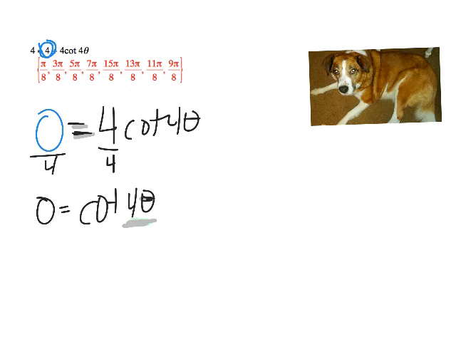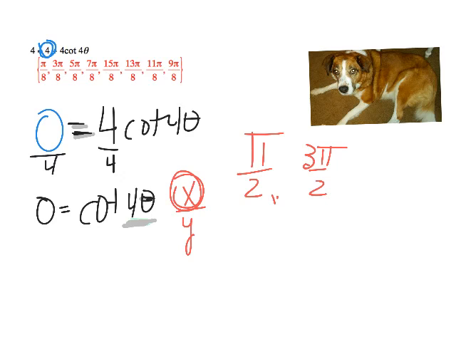Well, guys, you have to remember that cotangent is technically x over y, right? And so we need the x to be 0. So on the unit circle, where is our x equal to 0? Well, 2 places, pi over 2 and 3 pi over 2, right? Now we need all the answers between 0 and 2 pi.